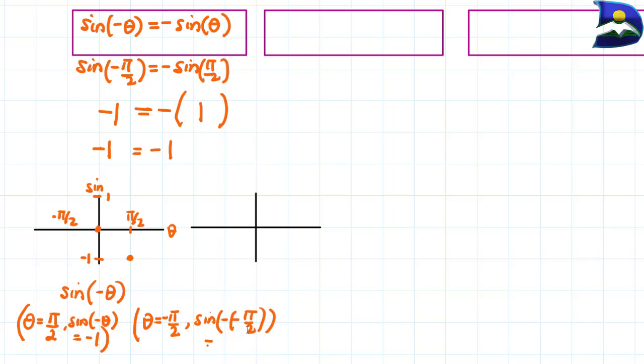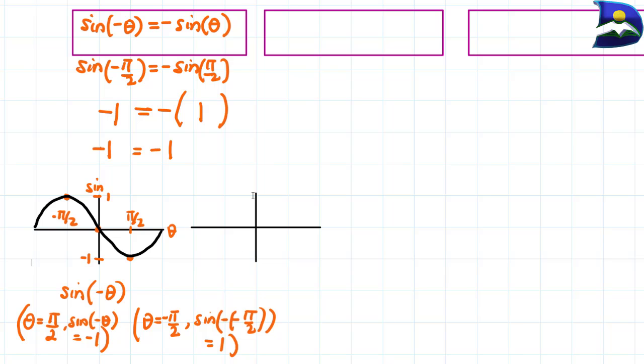So therefore, this implies that we have a particular flip in our specific axis as we predict our pattern to be shown right over here, where we are going to have this particular reflection, and this results in our curve to represent our sine for negative theta.